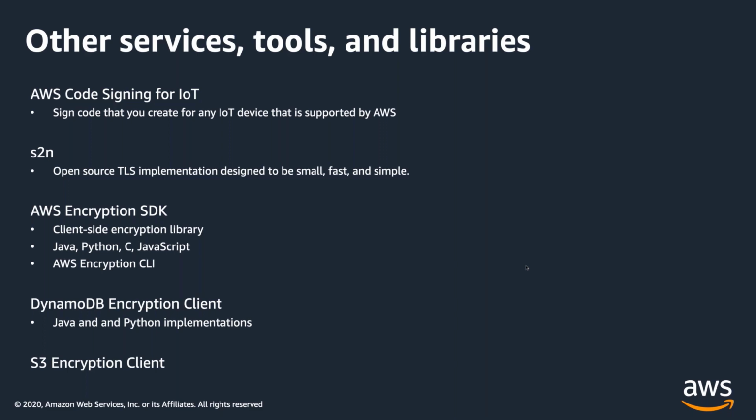It's currently available in Java, Python, C, and JavaScript, as well as an encryption command line interface. For DynamoDB, we have the DynamoDB Encryption Client, available in Java and Python, and I'm going to go into these two in a little more depth. And we have the S3 encryption client, which is built into a lot of the AWS SDKs themselves.